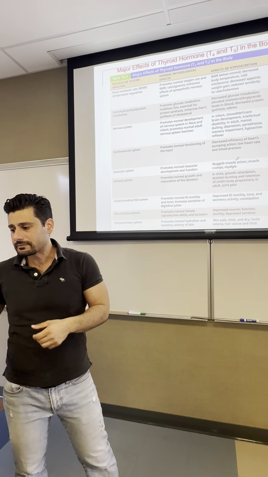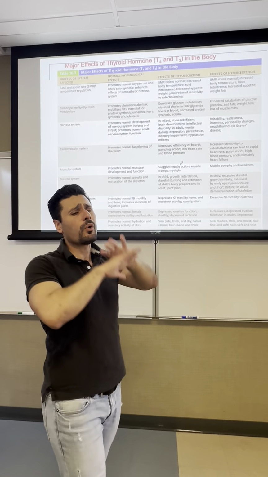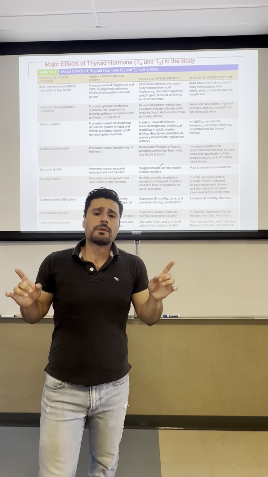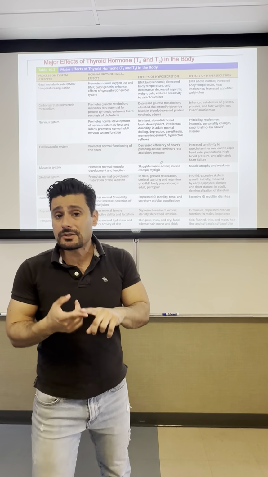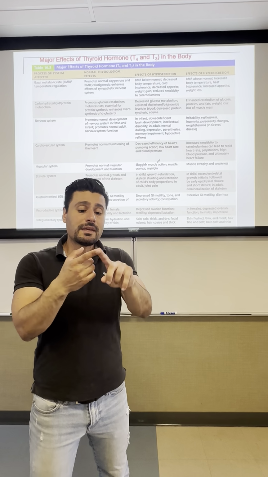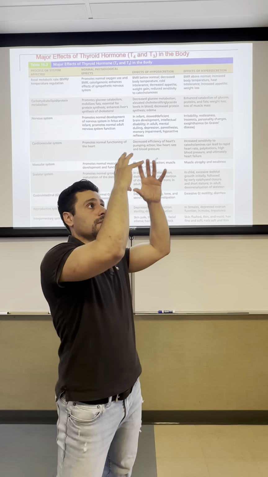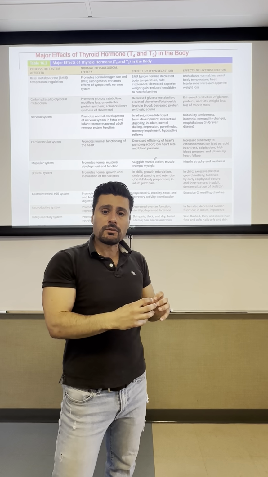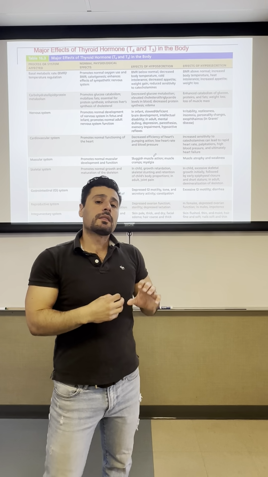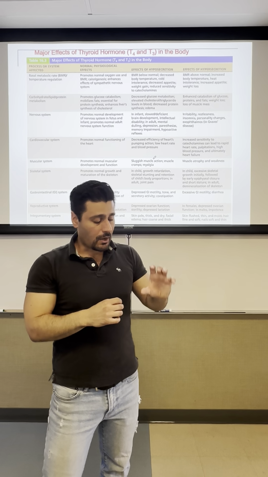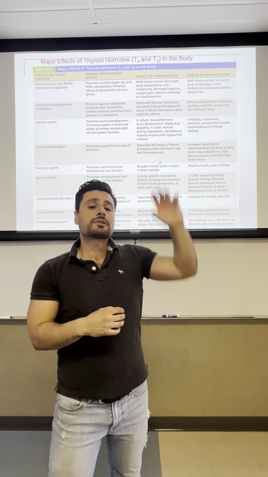So what can we see? If we look at this graph here, we can see a whole bunch of effects. The main thing to keep in mind here is that we're dealing with the body's basal metabolic rate, the BMR. What does that mean? That means that everything that my body needs to basically take something big and break it down, so from the macro to the micro, that's called catabolism. And when I take the micro and build it up to the macro, that's called anabolism.